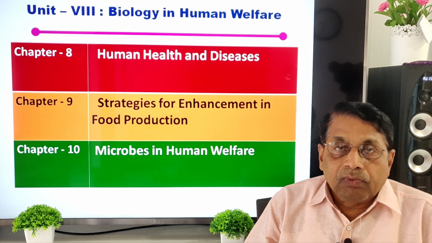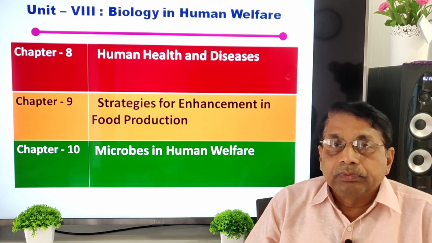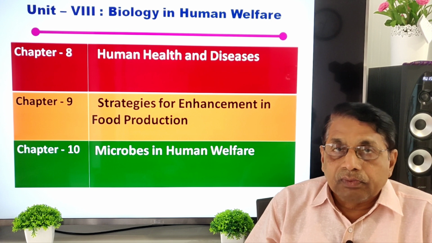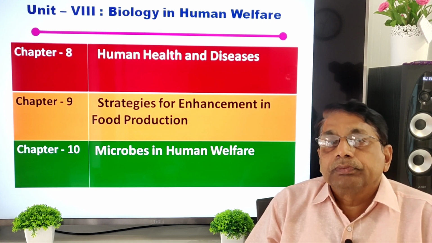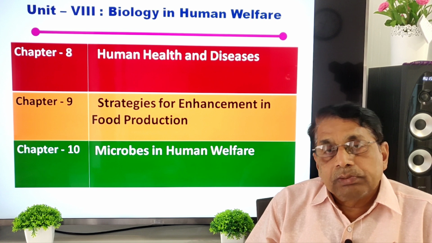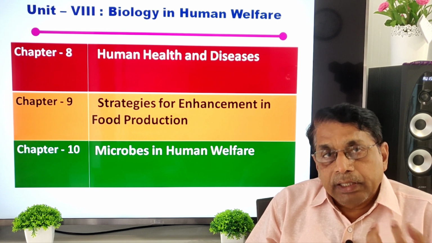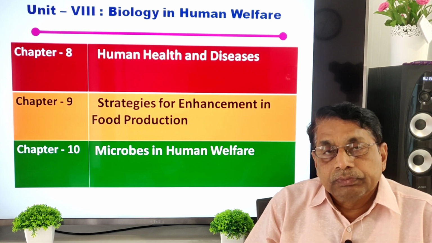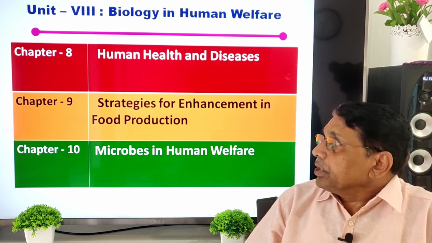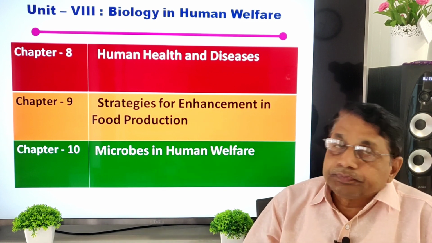Food production maybe in the case of plants. From plants mostly we get the food: carbohydrates, proteins, lipids, oils. Then similarly we get food from animals like fish, poultry, birds. Then what are the strategies?